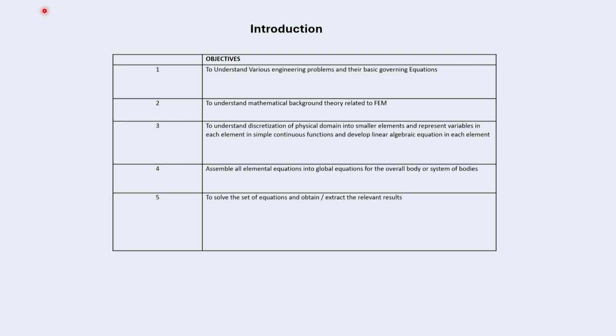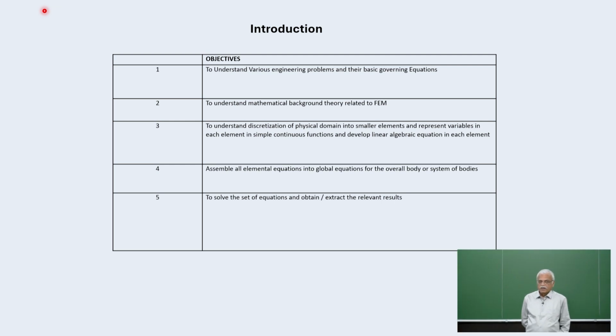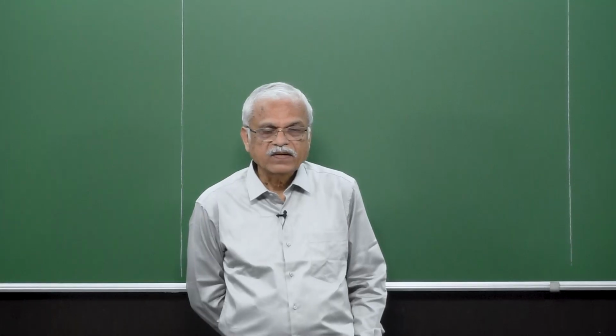After that, finite element methods obviously depend upon the discretization into a number of elements and finding the governing equations at the element level. So there is a link between the basic governing equations and the element level, where we formulate the linear algebraic equations.